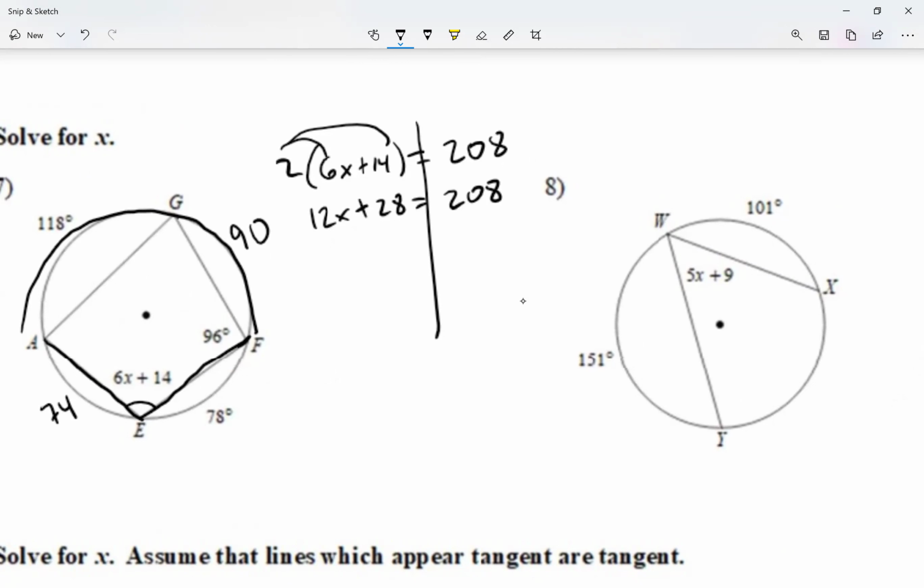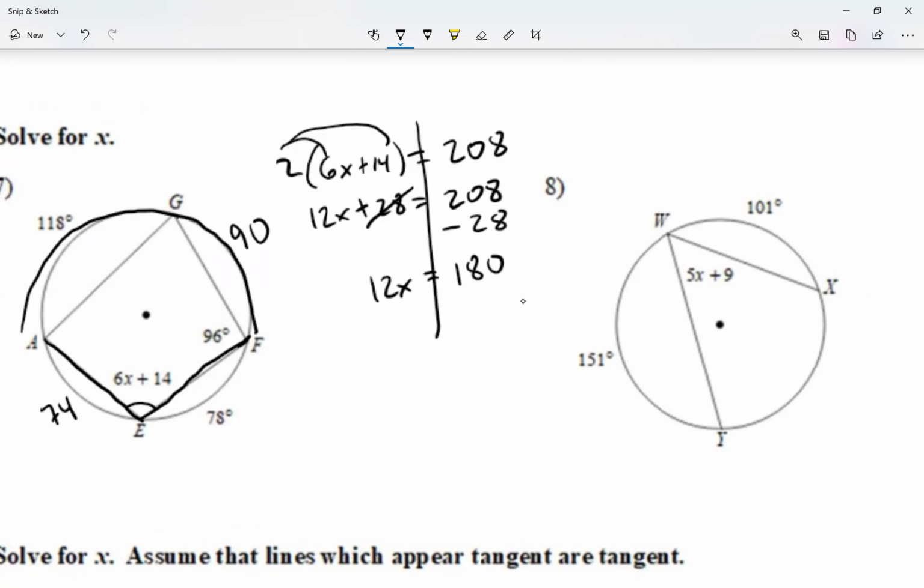I want to combine like terms. I want to combine the 208 and the 28. So this plus 28, let me move it over to the other side as a minus 28. Don't forget to switch the sign. So that gives me that 12x. Now, how much is 208 minus 28? Well, 180. Okay.